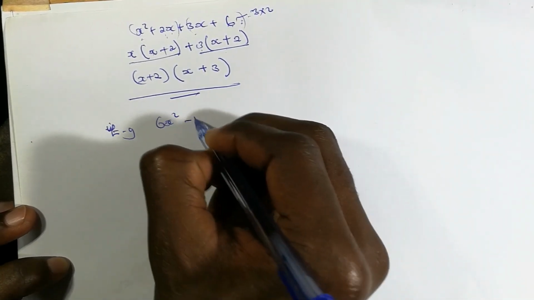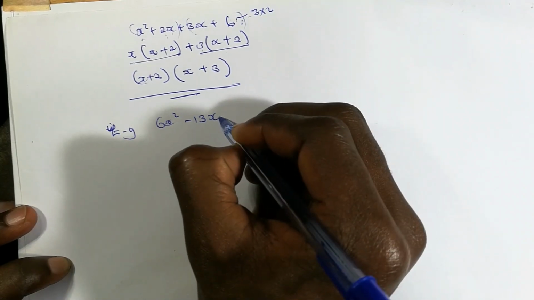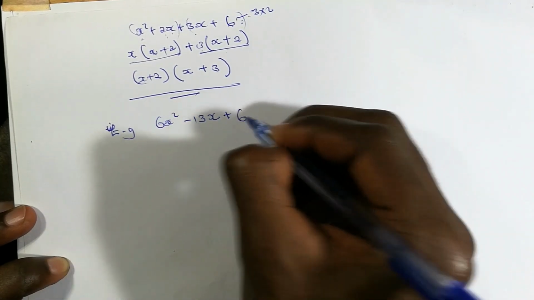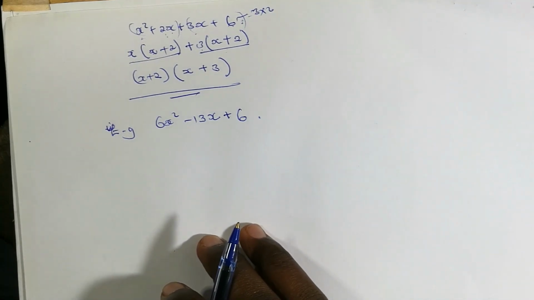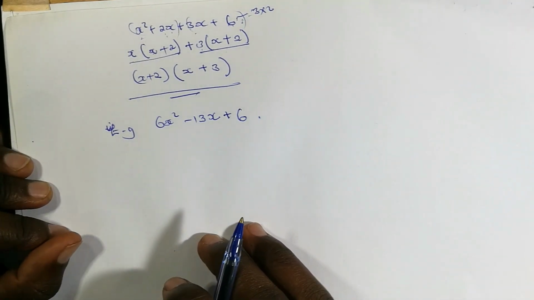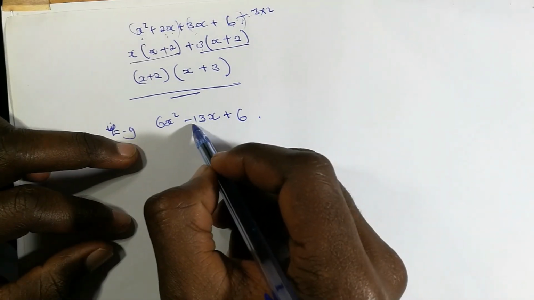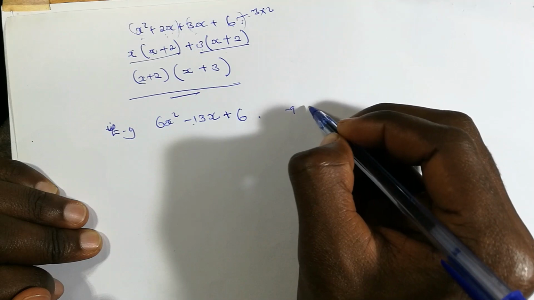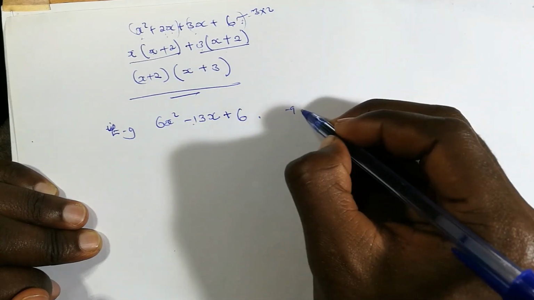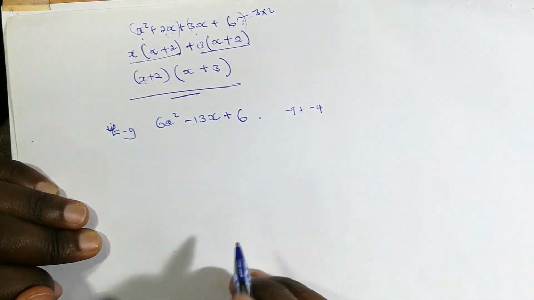6x squared minus 13x plus 6. Now our middle term will be given by negative 13. Negative 13 can be given by negative 9 plus negative 4. That gives us that.